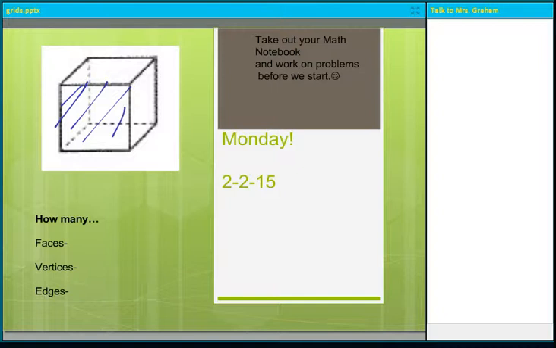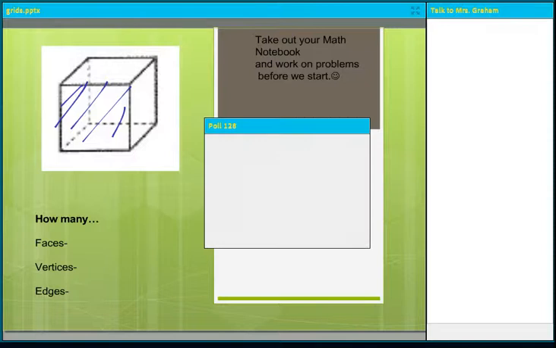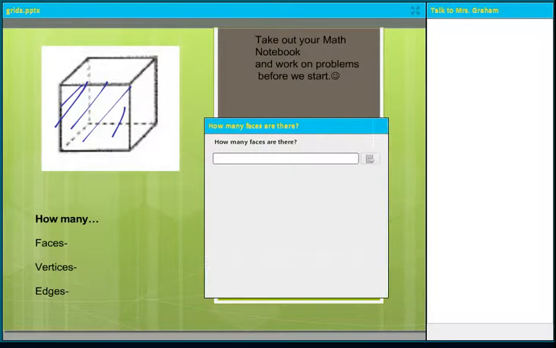Now, I'm going to put up a poll because I want everyone in the class to be answering. How many faces are there? Okay, there we go. So, poll question's up for everybody. I want you to put your answers in here. Go ahead and count them up and then write your answer in.